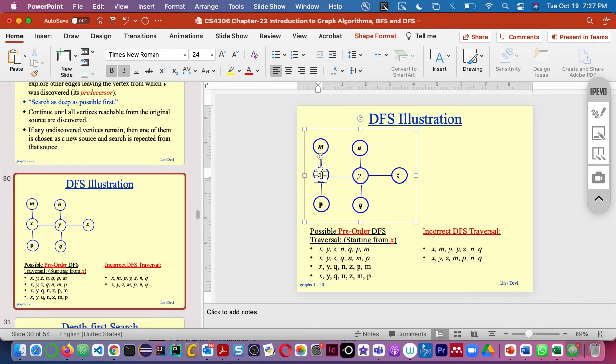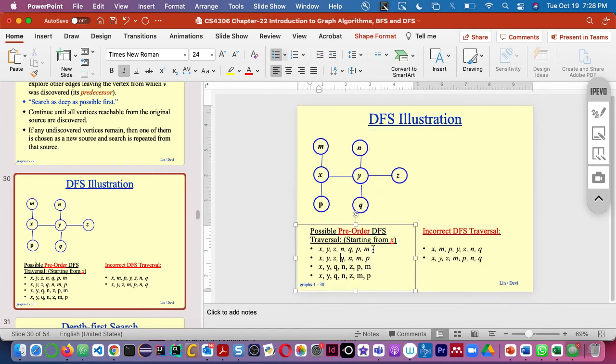So first X, then Y, and at this point Y has three vertices, and it can go in any order. So first it starts from X, then it goes to Y, and then it will complete N, G, and Q in any order: N, G, Q, or N, Q, G, or Q, N, G. So there can be three variations over here.